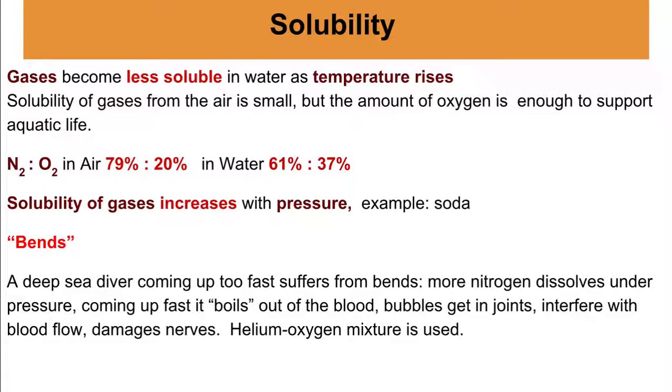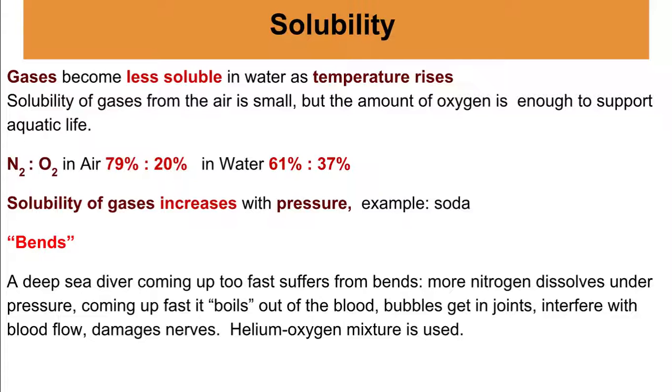And the solubility of gases increases with pressure. We have all heard the noise when you open a bottle or a can of Coke, because under pressure there is a lot of gas in the liquid. But when the pressure decreases, the gases leave.